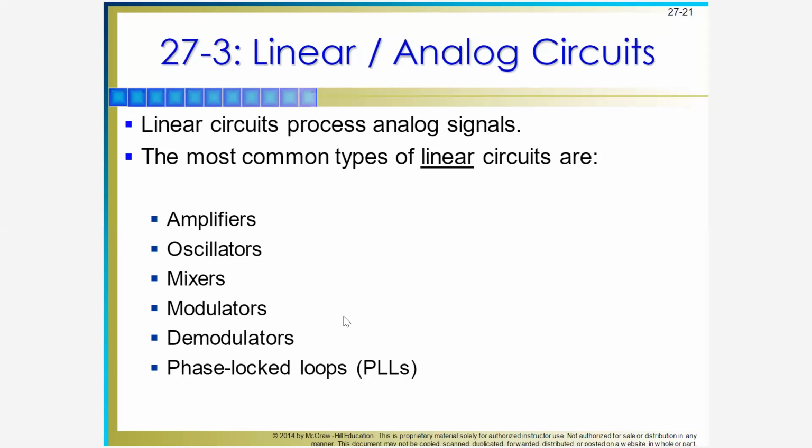Then on the opposite side, to receive the signal, for example in your digital box, it will have a demodulator to decode it, to make the signal become what? Visualized as in a TV, or a sound in an FM station. Okay, it depends. Next one is we have PLL, that is also a type of linear circuit. Phase lock loops.